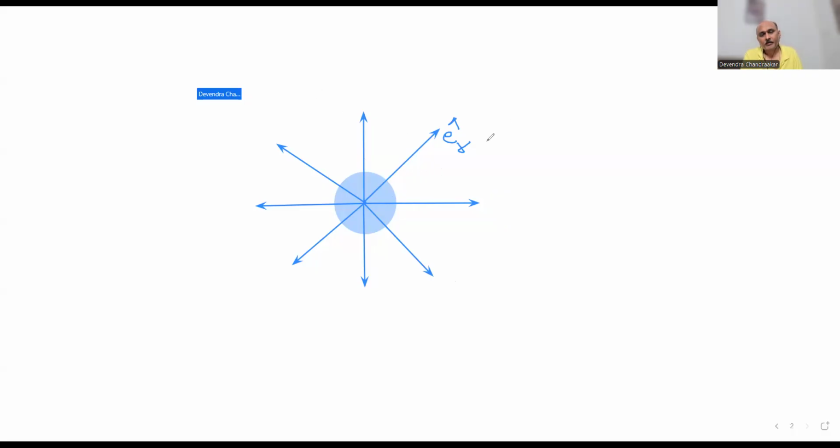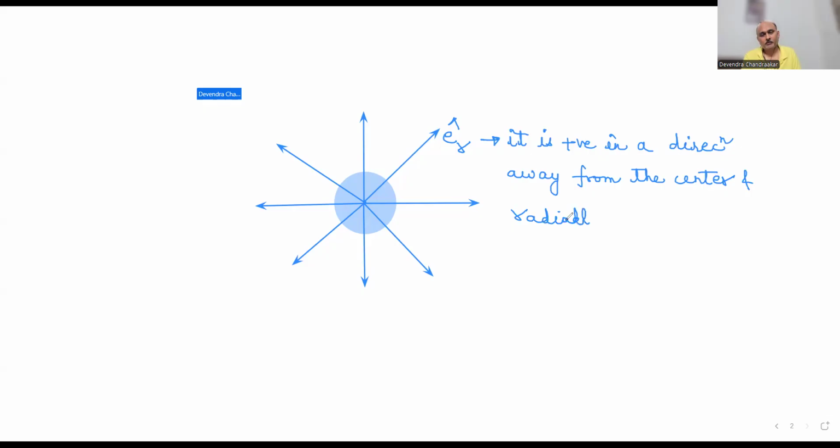Yes, sir. It is positive in a direction away from the center and radially outwards.